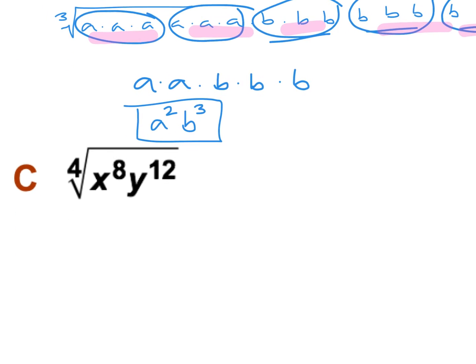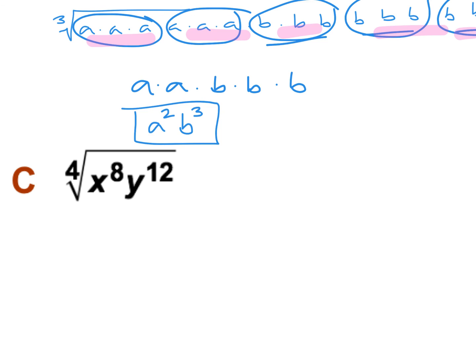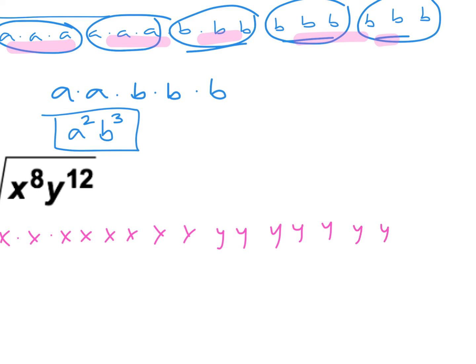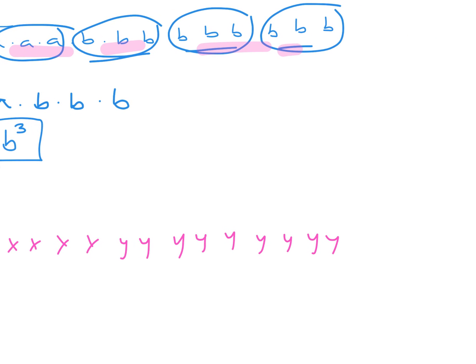All right, let's look at C. So here we have 8 x's, 3, 4, 5, 6, 7, 8, and 12 y's. 4, 5, 6, 7, 8, 9, 10, 11, 12.